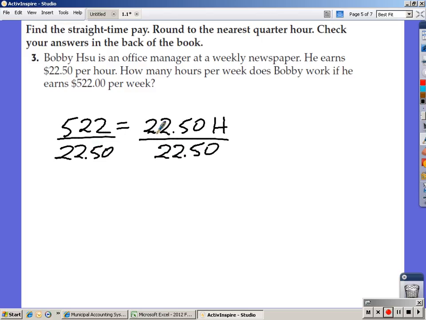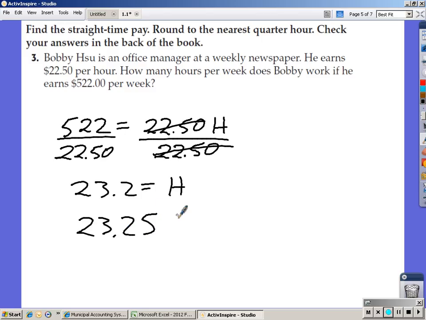That cancels. 522 divided by 22.50 is 23.2 equals H. Again, you have to round to the nearest quarter of an hour, it's 23.25 hours. Easy stuff right there.